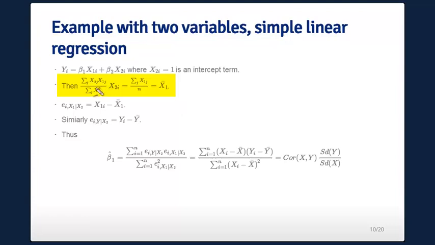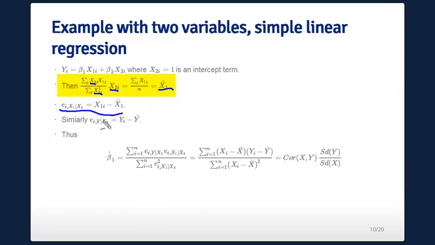If x2 is just 1, just plug in 1 for there and there, then multiply it times x2i, which is also 1. Replace 1 in all those three occurrences, and you wind up with x1 bar. And so the residual, having regressed out the intercept by itself, is nothing other than the centered variable.